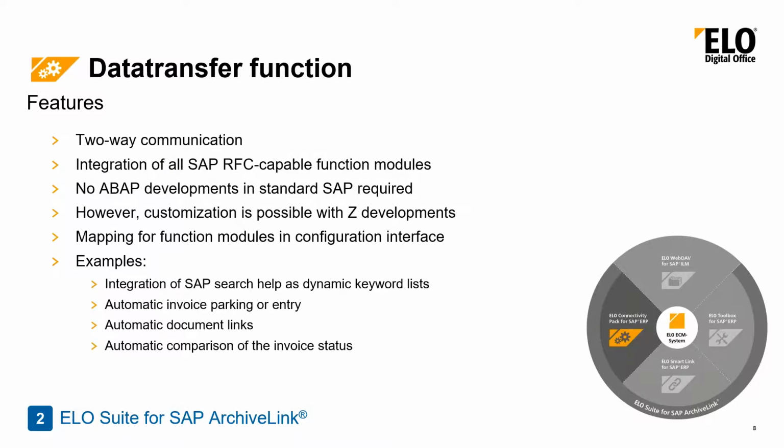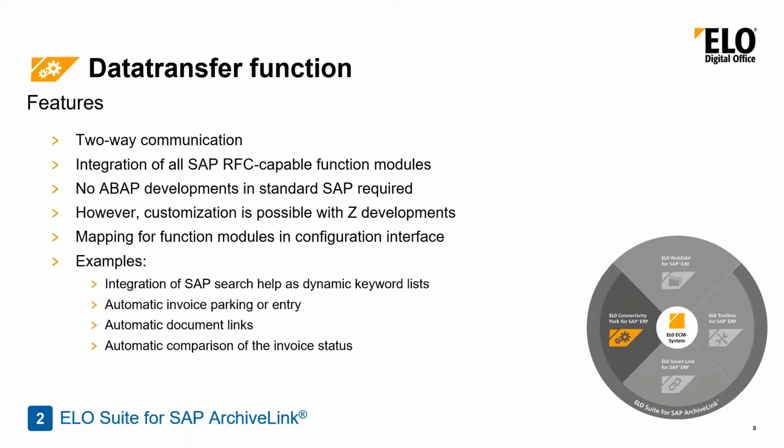Now, the data transfer function, we can see that we have a two-way communication, which means that whenever we call a function from SAP, we always have the possibility to get data in return.